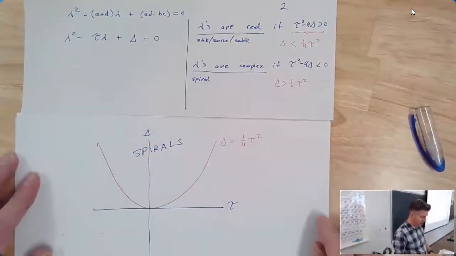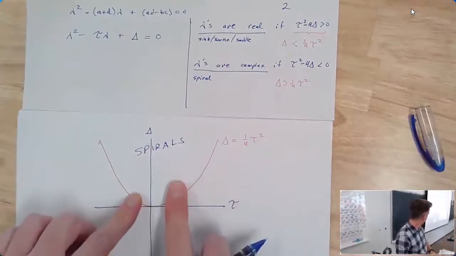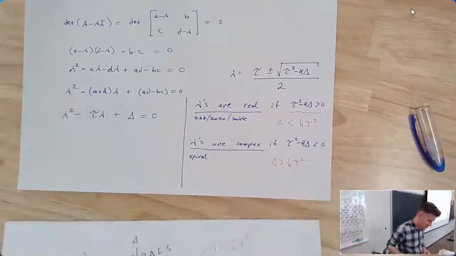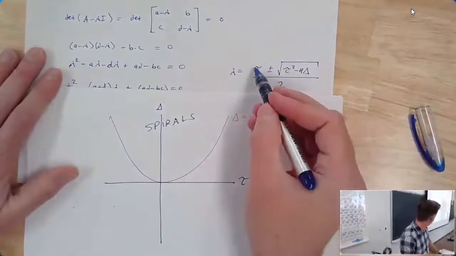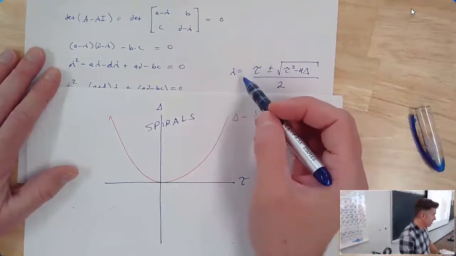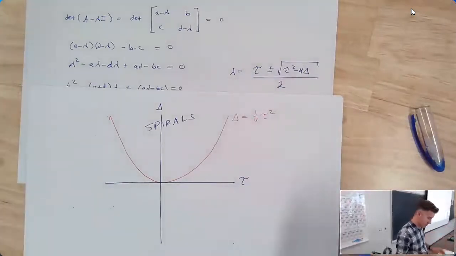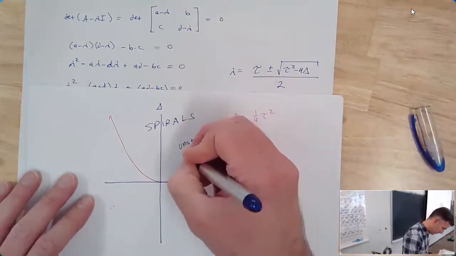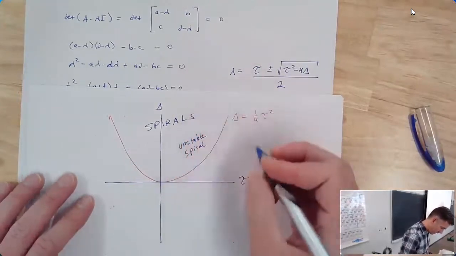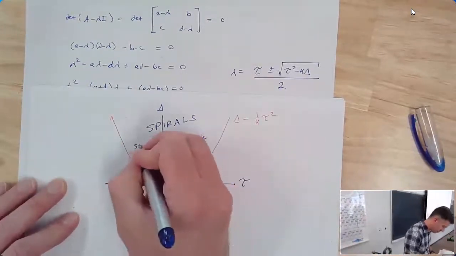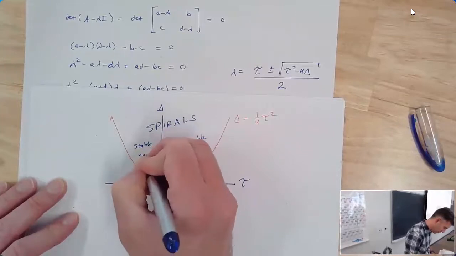And specifically, if the trace is positive, meaning the real part of our eigenvalue is positive, we have unstable spirals. So over here, unstable spirals. And if the trace is negative, meaning the real part is negative, we have stable spirals.